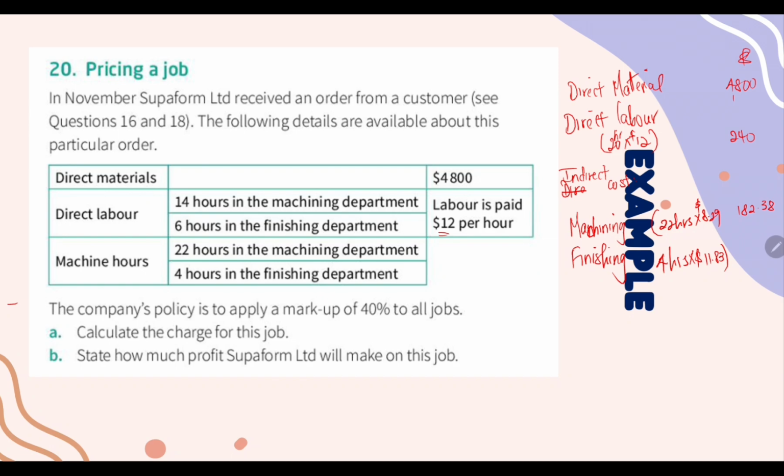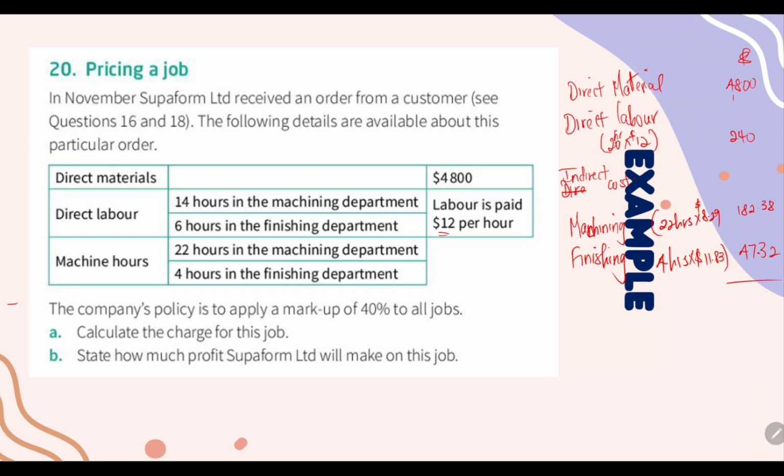If you use the whole figure, you may have your answer slightly off. I think they will probably make a variation in the marking scheme to accommodate a few dollars' difference. I would like to believe, I'm not sure. And finishing is $47.32.